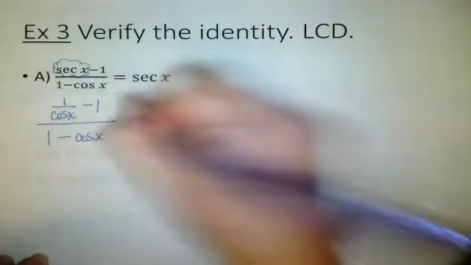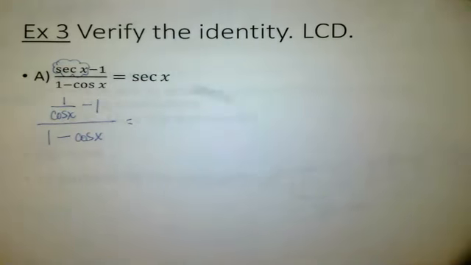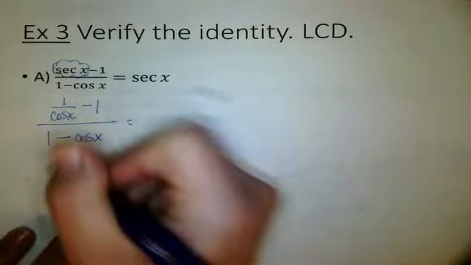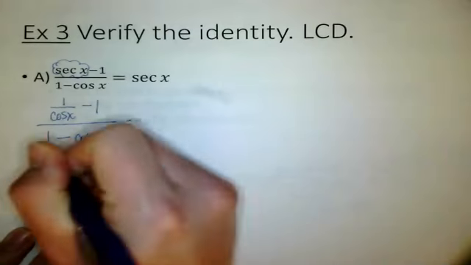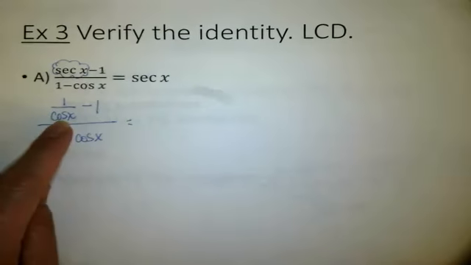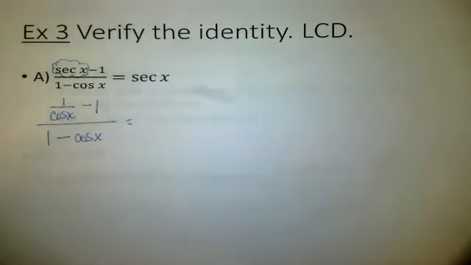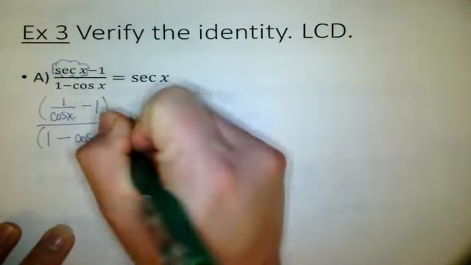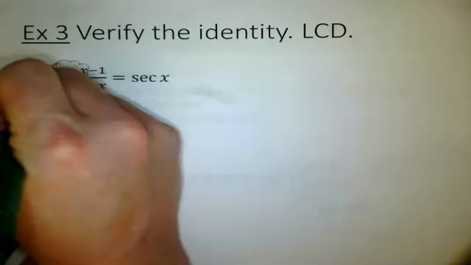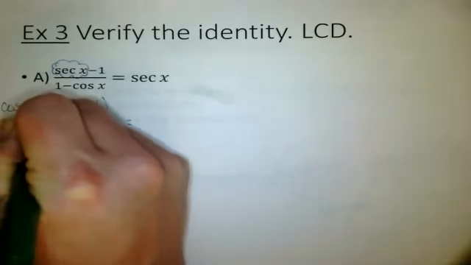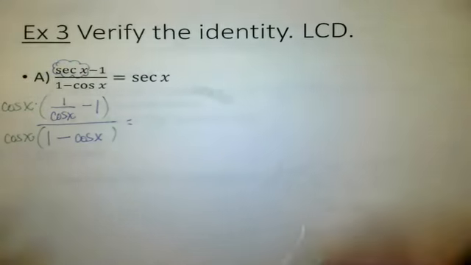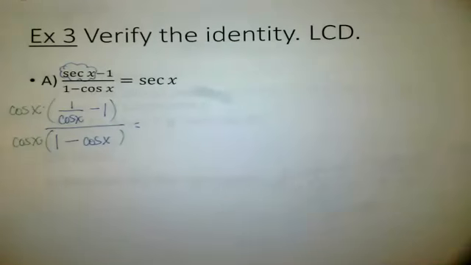What I've created here is a complex fraction. And when I look, this all has a denominator of 1, but this one has a denominator of cosine of x. So the LCD in this case, I can multiply by cosine of x on top and bottom, because again, that's allowed since it's the same as multiplying by 1.